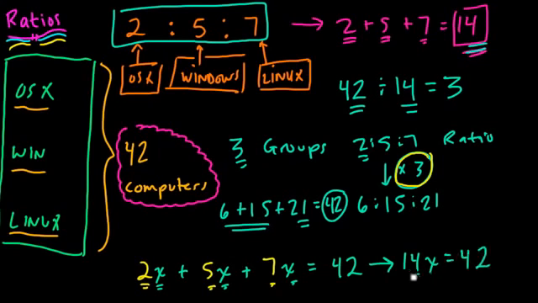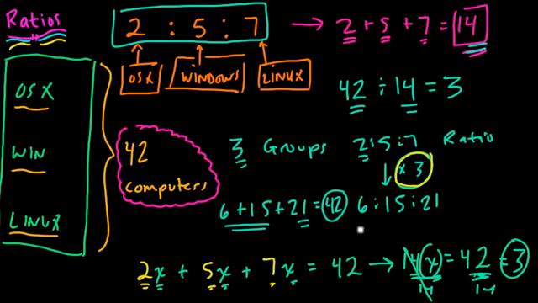In other words, 14 is the total number of parts times some number of groups will give me 42 in total. So if I solve for x here, I divide both sides by 14, right? 14's cancel out, and x equals 42 divided by 14, which, as we already showed, is 3. So by setting up this equation, we get x equals 3, and that's the number of groups we need of this ratio to fit into the total number of computers in the room.